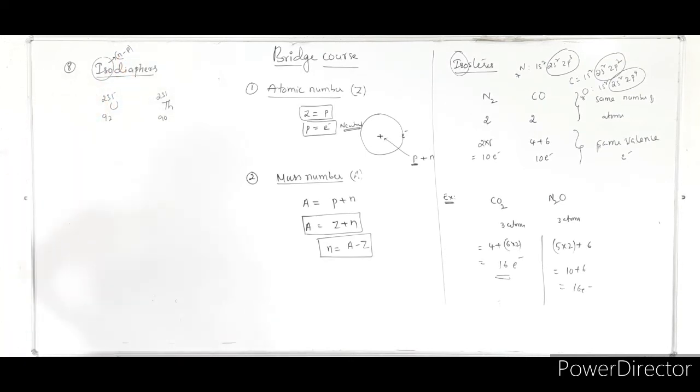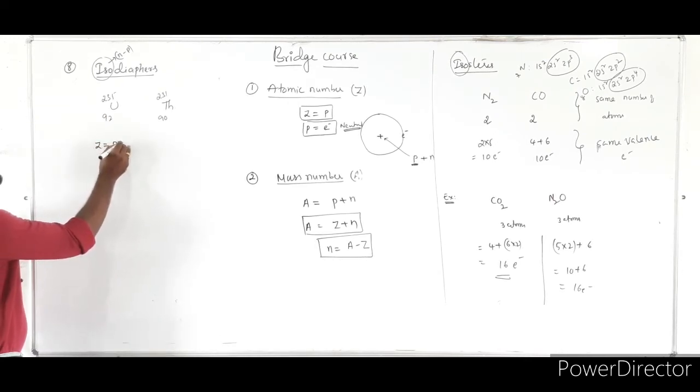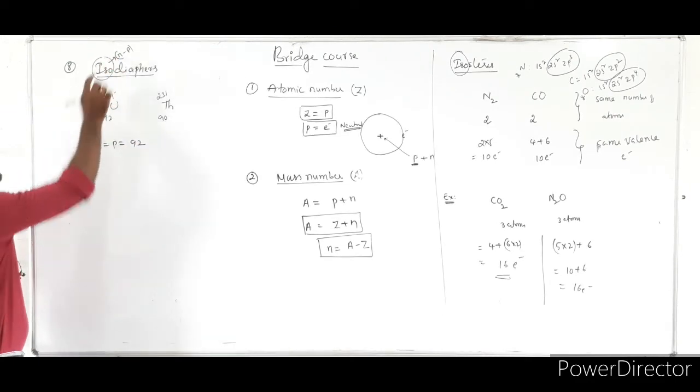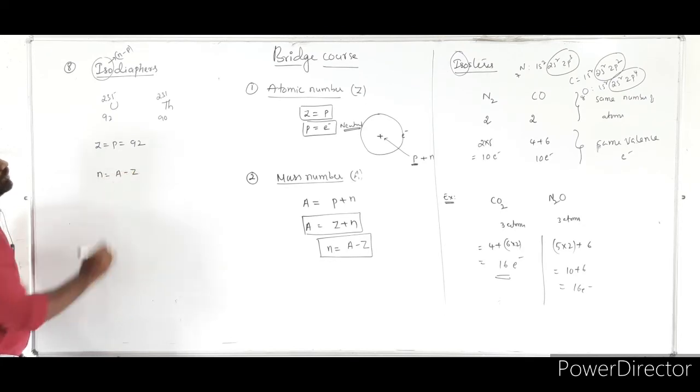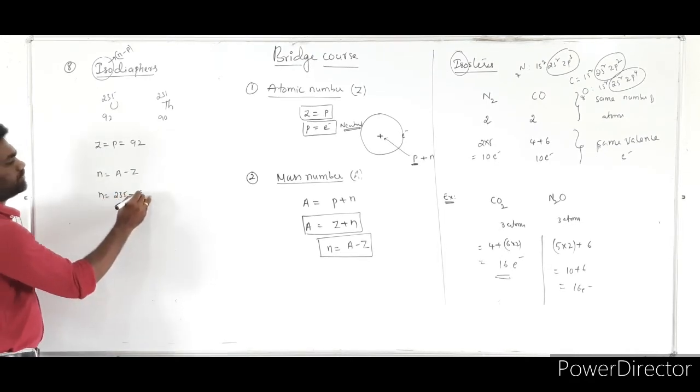Find out the n minus p value. So already we know that atomic number Z is nothing but p, that is equal to 92 here. Now we have to find out the n value. So the formula, n is equal to A minus Z. So n is equal to A, which is given as 235, minus 92.